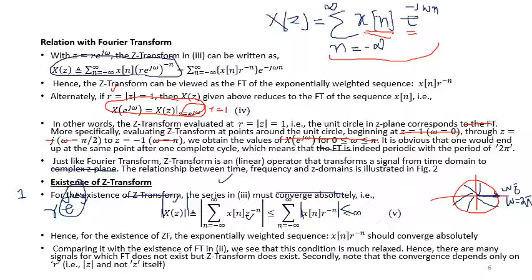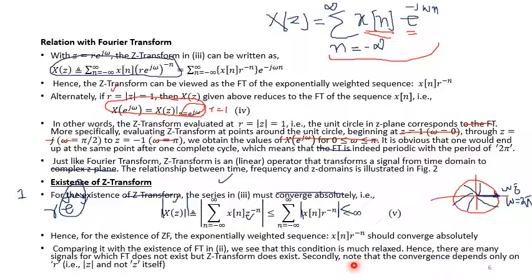Hence for the existence of Z-transform, the exponentially weighted sequence, that is x of n is a sequence, and you have multiplied with it an exponential signal, so this should converge absolutely. So comparing it with the existence of the Fourier transform, we can see now that the condition is much relaxed.